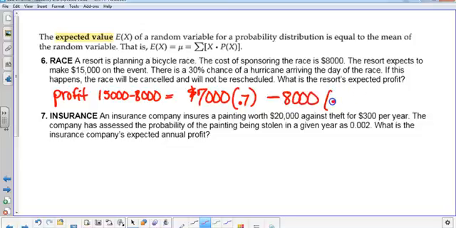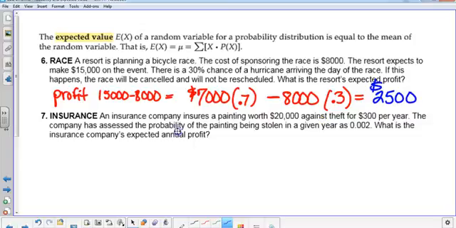How often? 30%. What does that come out to? So if they did this a whole bunch of times, every year, and every year on the day there was a 30% chance of a hurricane, their expected profit would be $2,500.